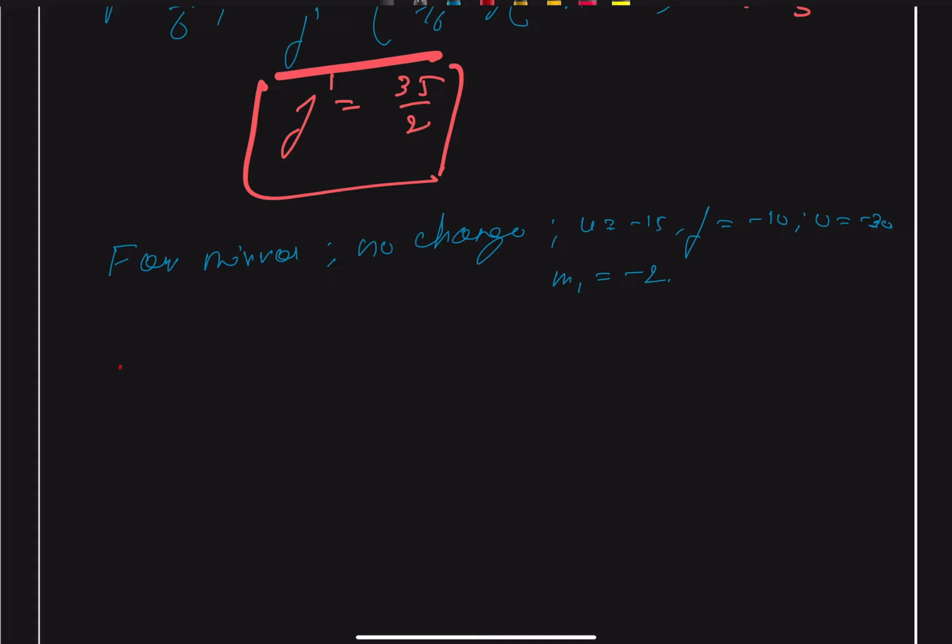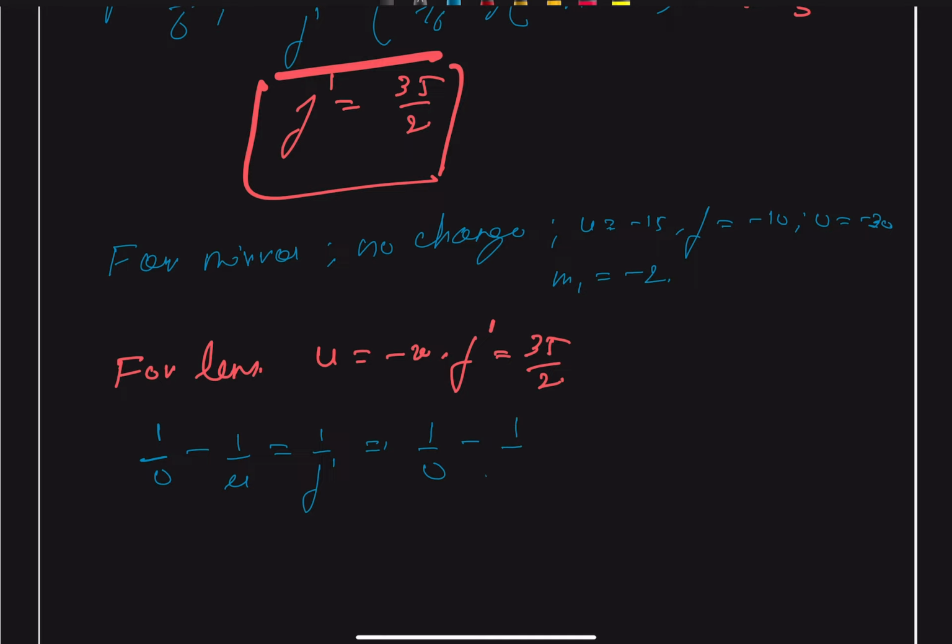And for lens we have our u is equal to minus of 20 and f is equal to 35 by 2, that is our f prime. So therefore we can write that 1 upon v minus 1 upon u is equal to 1 upon f prime in this case, and we substitute the values, we get 1 upon v minus of minus 20 is equal to 2 upon 35.